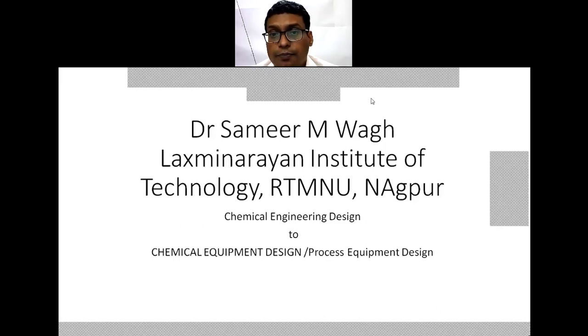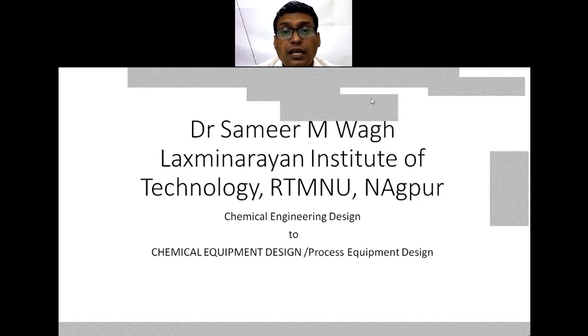In a broader spectrum, you can talk of either chemical engineering design or plant design. That is a broader spectrum where you need an understanding of managerial aspects, economic aspects, and engineering aspects. When you talk about chemical engineering design or plant design, you require economical understanding, managerial understanding, and understanding of engineering.